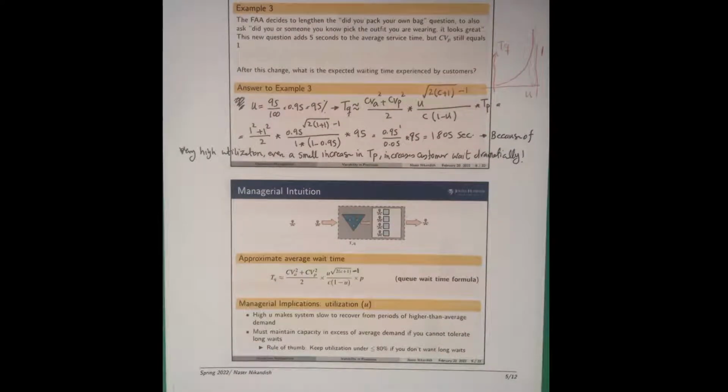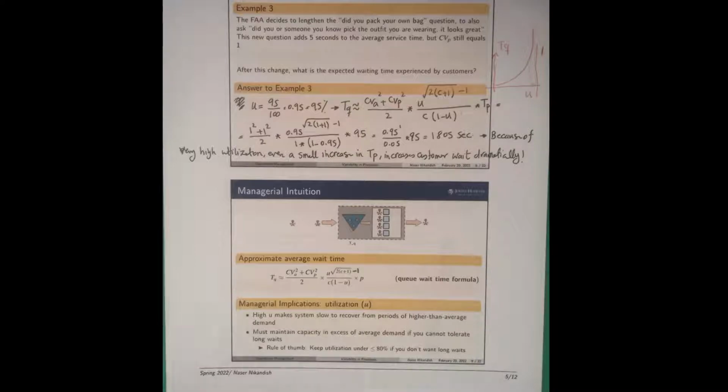Let's look at a little bit of managerial insights here. If your utilization is high, it is very difficult to be responsive to the slightest disruption or change. If you really need to be more responsive, if long wait times are not an option, there is no way other than keeping excess capacity or making sure that your utilization is not very high.